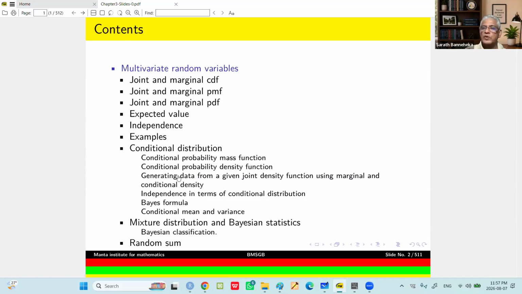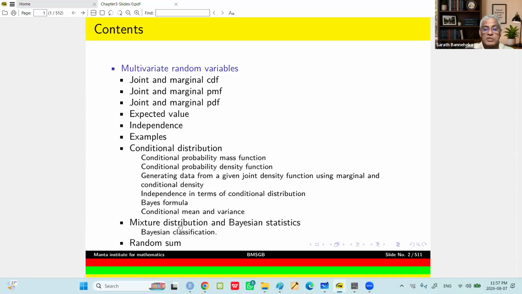Those two will jointly have the required joint distribution. So in that case, we don't need the copula method. And then we defined independence in terms of the conditional distribution. Then we looked at some Bayes results, conditional mean, and so on.